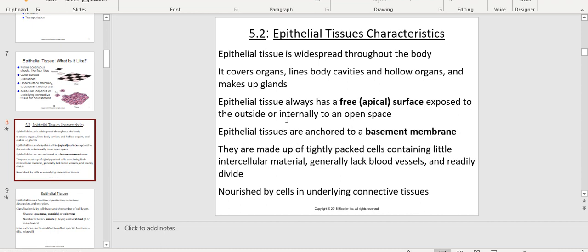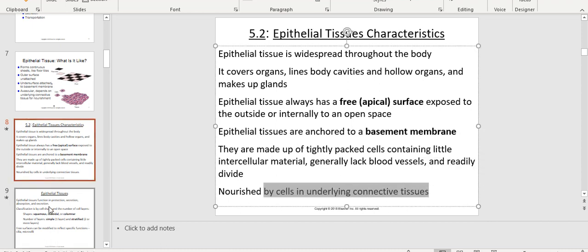And we'll show you more of these as we go on. Epithelial tissue is anchored to a basement membrane, as we said earlier. It's made up of tightly packed cells containing little intracellular material, nourished by cells underneath.